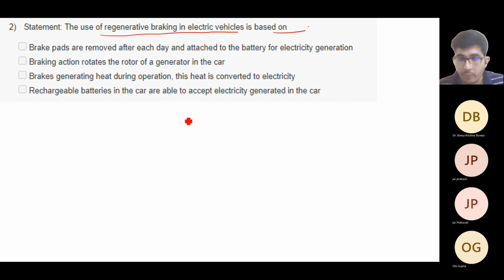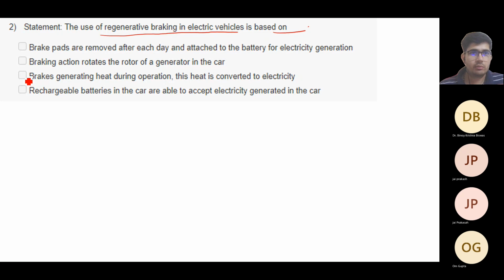Anyone? Okay. So the first option is: brake pads are removed after each day and attached to the battery for electricity generation. I think everyone can eliminate this option because we cannot remove the brake pad each day, and if we attach it to the battery, there is no means to generate electricity.